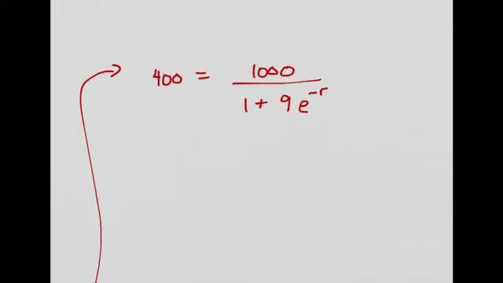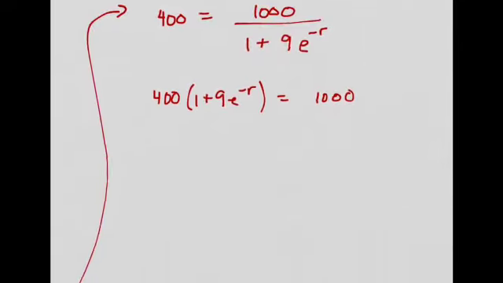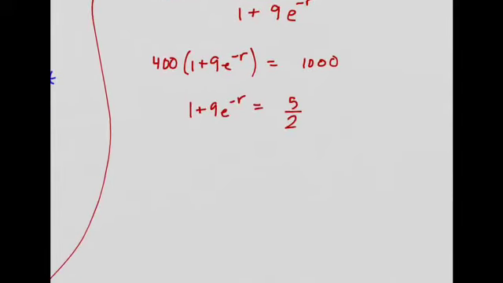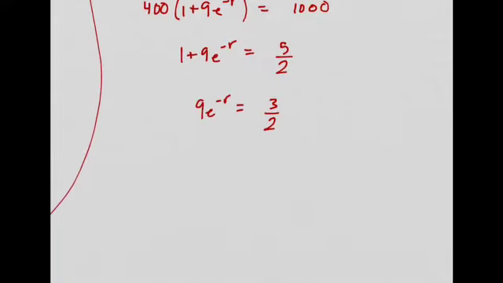Multiply both sides by 1 plus 9e to the negative r. Divide both sides by 400. Subtract 1 from both sides. Divide by 9. Then I will take the log of both sides.